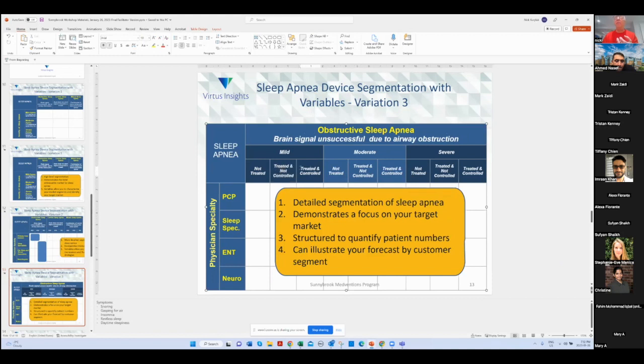And then there may be those that are treated and controlled. In other words, they're happy, right? So you're not going to target those patients, because a caregiver is not going to switch your mandibular splint if the patient is happy and it's working. So this also allows you to examine your market segments again in a different way.